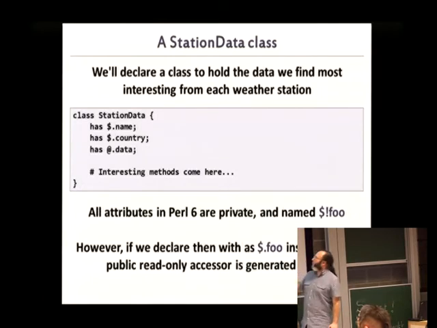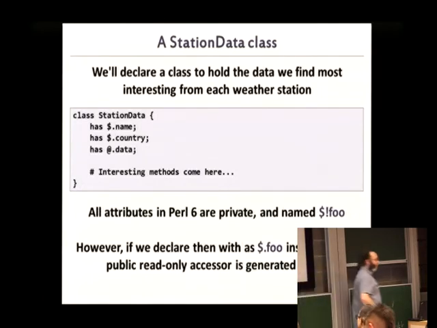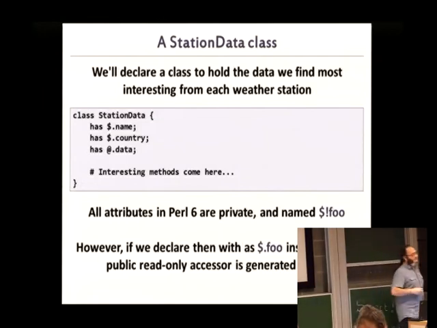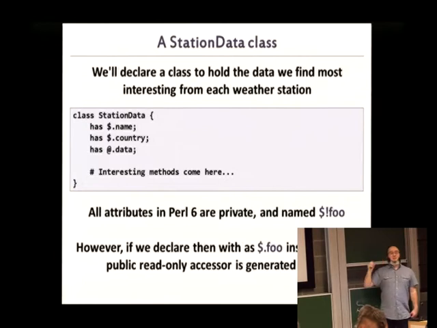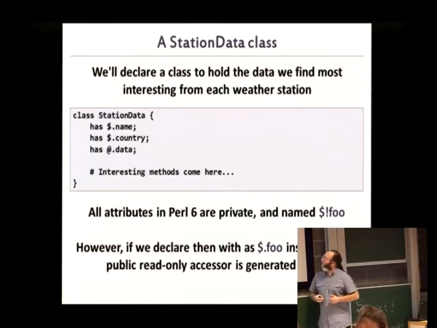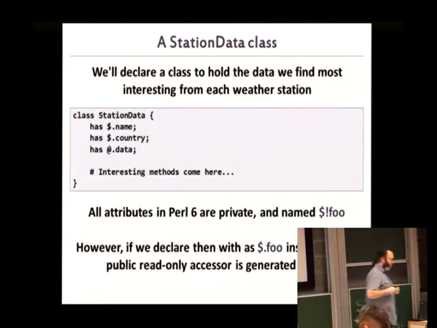Now, all attributes are actually private and really named $!foo. The dollar, at and percent are all about essentially the structural type that you have. So if you put something like @x, that's going to be an array that's going to flatten in list context, just like you are used to in Perl 5. And dollar is always an item and does not.